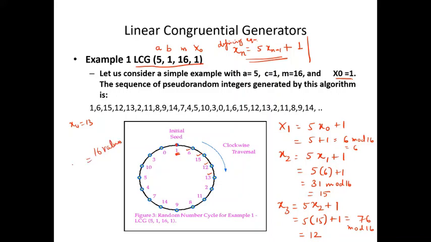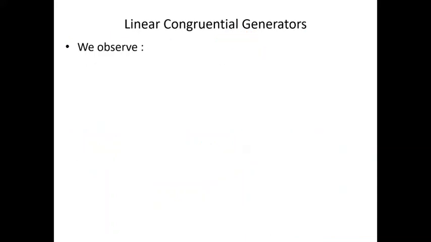I told you this is equal to your M. So what can I call this LCG as? What will be the name given? Maximal period generator. Maximal length or maximal period LCG or maximal period random number generator, pseudo random number generator. Okay, so this is an example of LCG.